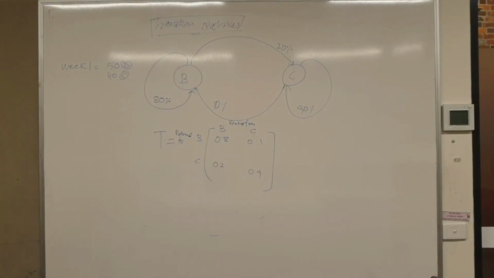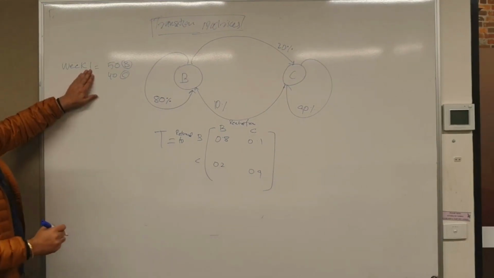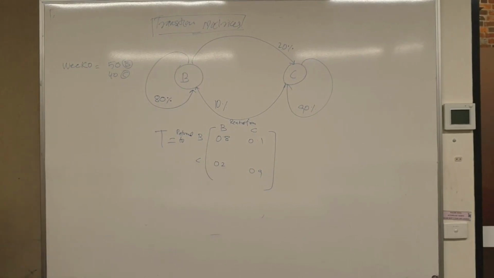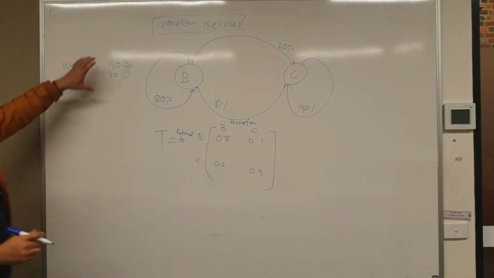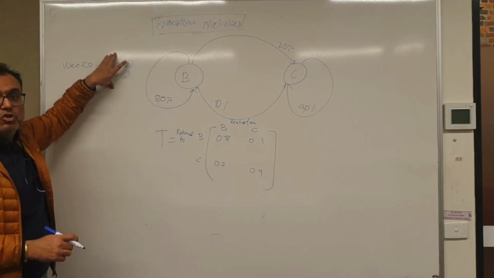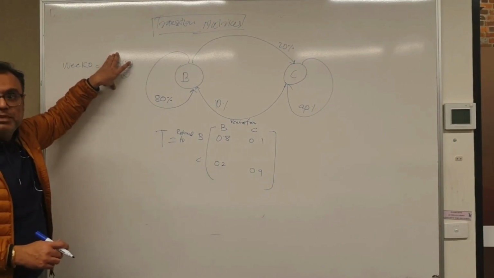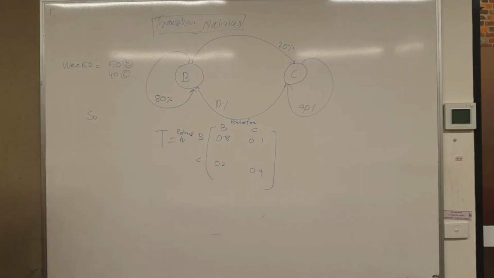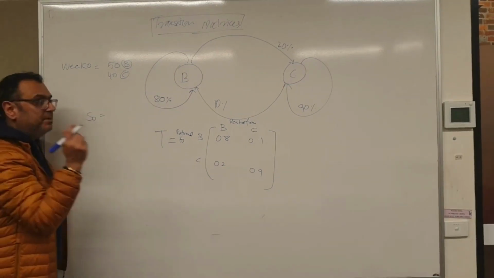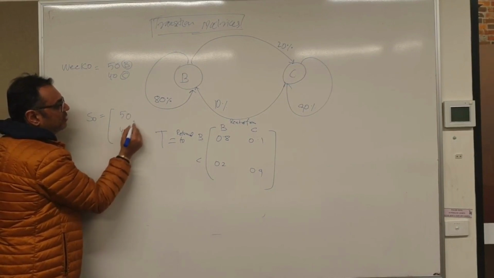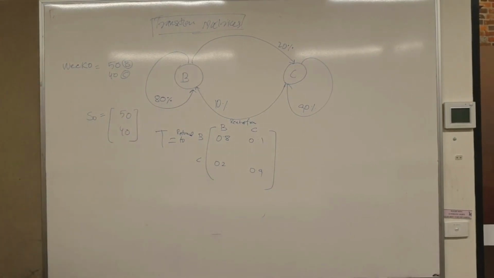That's my starting point. At the start of week 1, or probably I said week 0. So when I have my initial numbers, I create another matrix called the initial state matrix, S0. And I write these numbers as a column matrix: 50, 40. Is that clear?